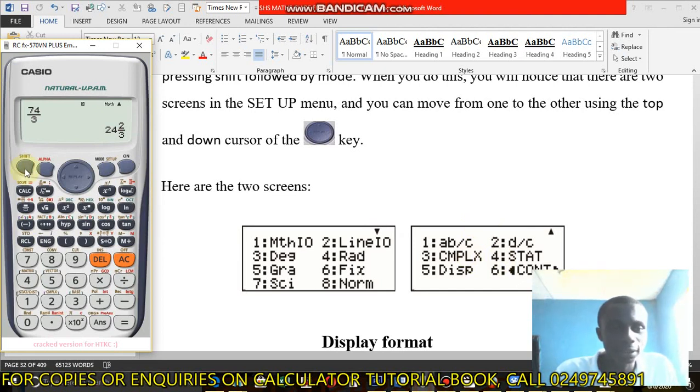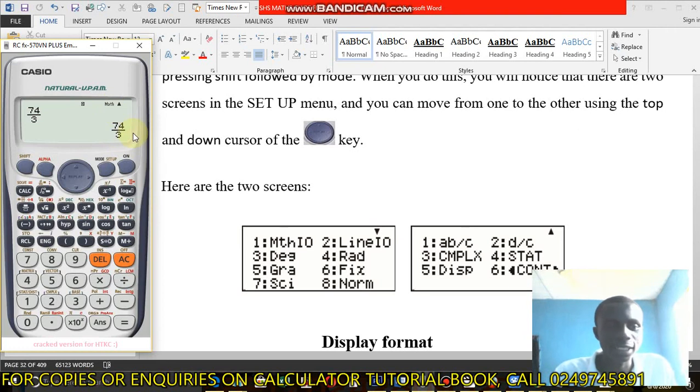Let me move back to normal. Shift Mode. Very good. Then I go to the second screen. When I press the number 2, my answer should change from the mixed fraction back to the improper fraction.